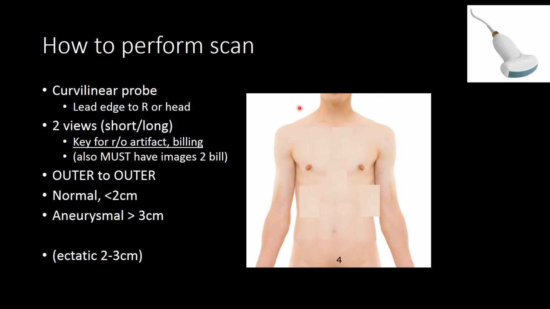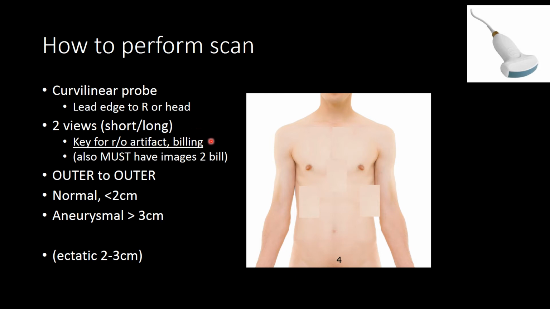How you perform a scan is shown here. We're going to be using the curvilinear probe shown at the top right. As a reminder, this is a probe that has lower frequency and thus has better penetration. You're going to want to get this in two views, the short axis view as well as the long axis view.